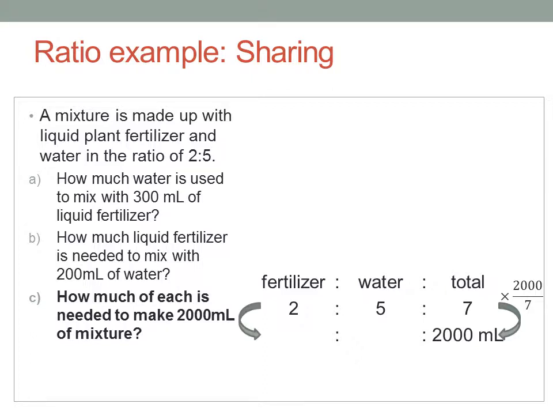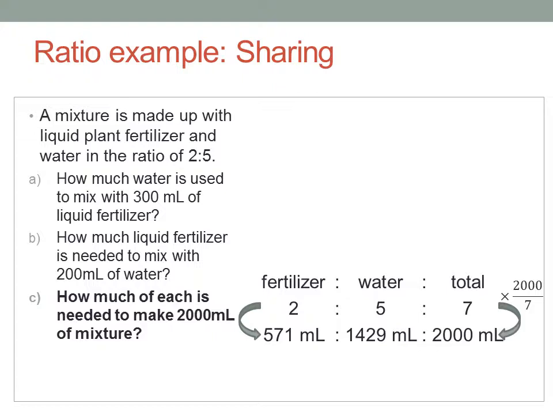Get your calculator and round off everything carefully. 2 times 2,000 on 7, rounded off to the nearest mill, is 571 millilitres. 5 times 2,000 on 7 is 1,429, again rounded off to the nearest millilitre. And double check. 571 plus 1429 is 2,000. Good.